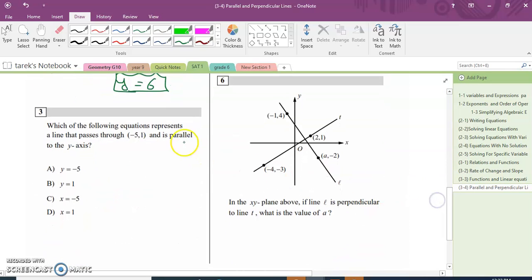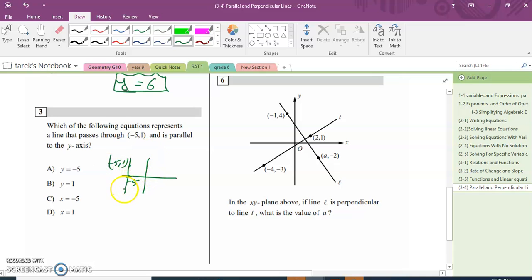Number 3. Which of the following equations represents a line that passes through negative 5, 1 and is parallel to the y-axis? Parallel to the y-axis, remember the shape. Something parallel to the y-axis like this cuts the x-axis at negative 5. If this is negative 5, this is the point negative 5, 1.